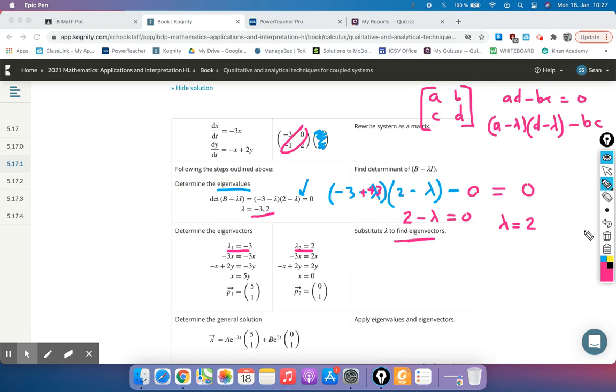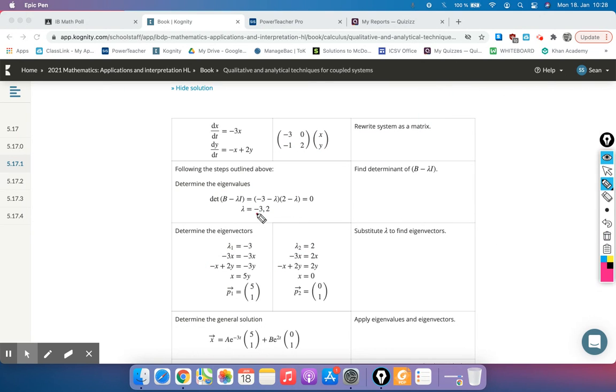is to figure out the eigenvectors. Here they're just showing you there's two ways to do each one. If we start with -3, lambda 1 is -3, then this part is this part, -3x, -3x.